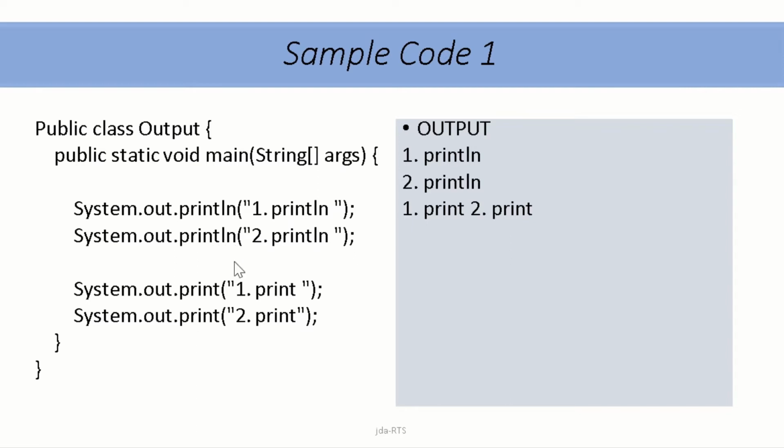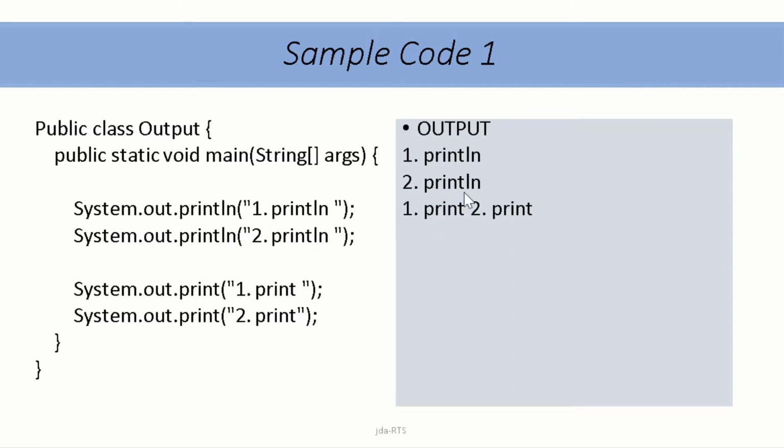The difference of print from println is that if you observe here, although we release two lines of command, System.out.print 1.print and System.out.print 2.print, the output is continuous. You can see they are printed in one line, the 1.print and the 2.print, because of the absence of ln.